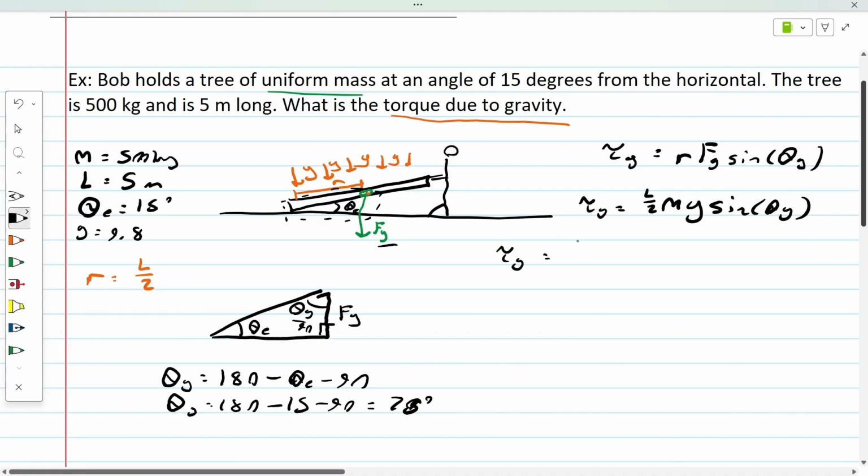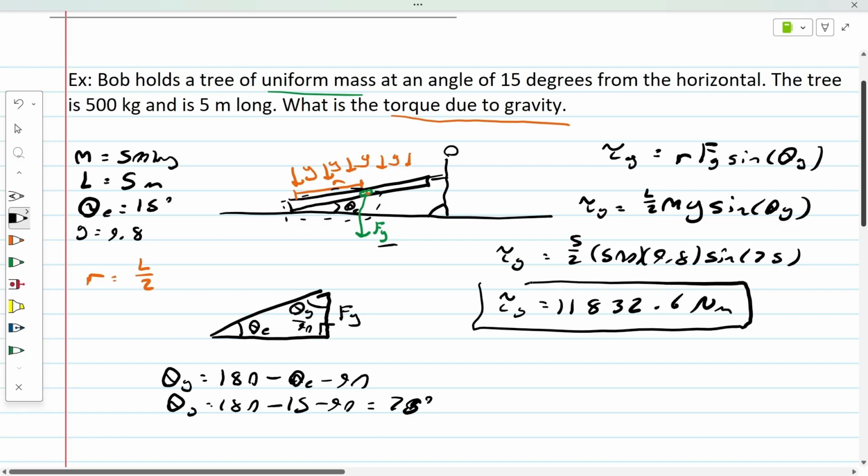So the length is 5/2, the mass is 500, times 9.8, times sine of this theta g, which is 75. And so if we plug these in for our torque, we get this value right here, in Newton meters. And so that's the torque just by gravity on this tree.